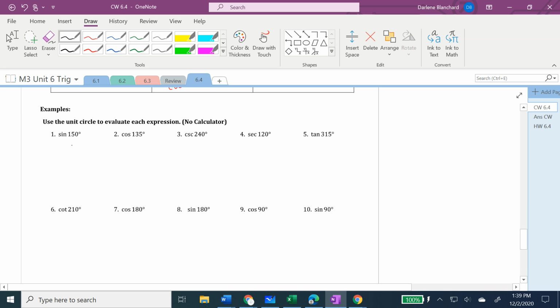150 degrees for sine. All you have to do is write down the number answer.